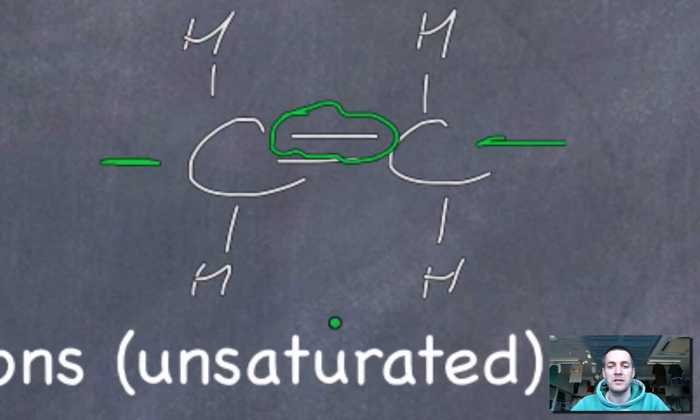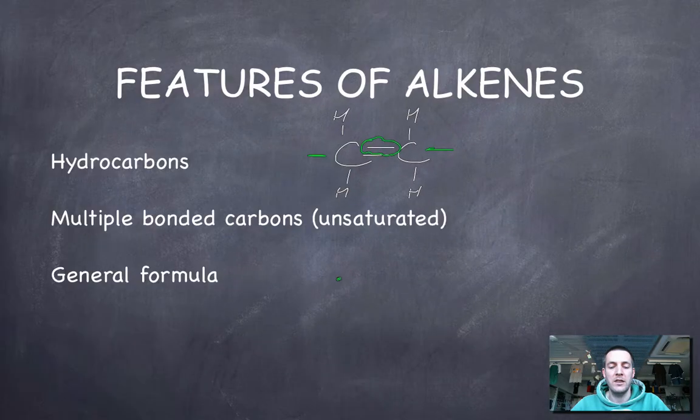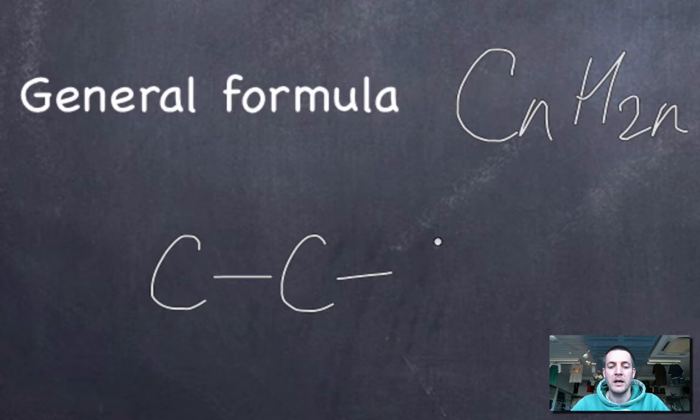So they're unsaturated molecules, unlike the alkanes, which were saturated, and these have the general formula CnH2n. I suppose that might be quite intuitive, really, if we're happy about the fact that alkanes were CnH2n+2.